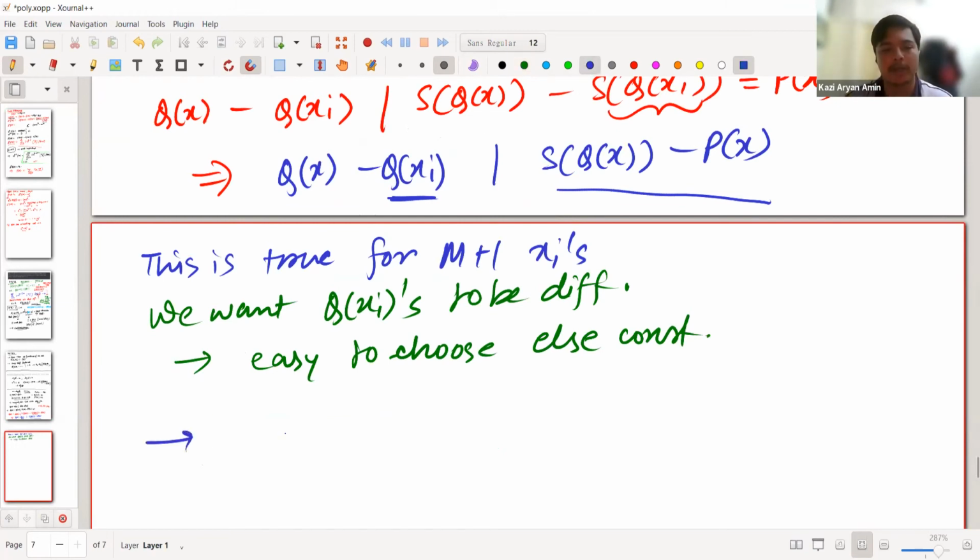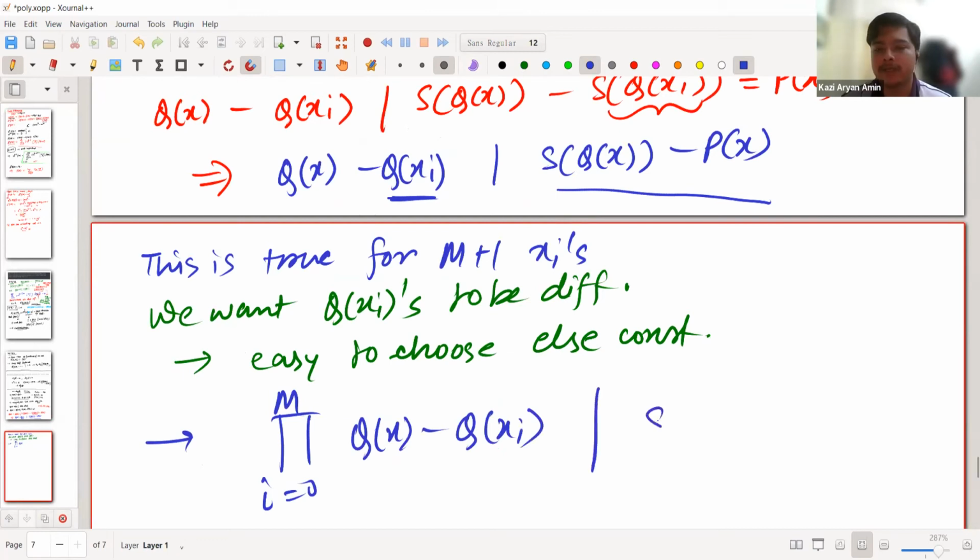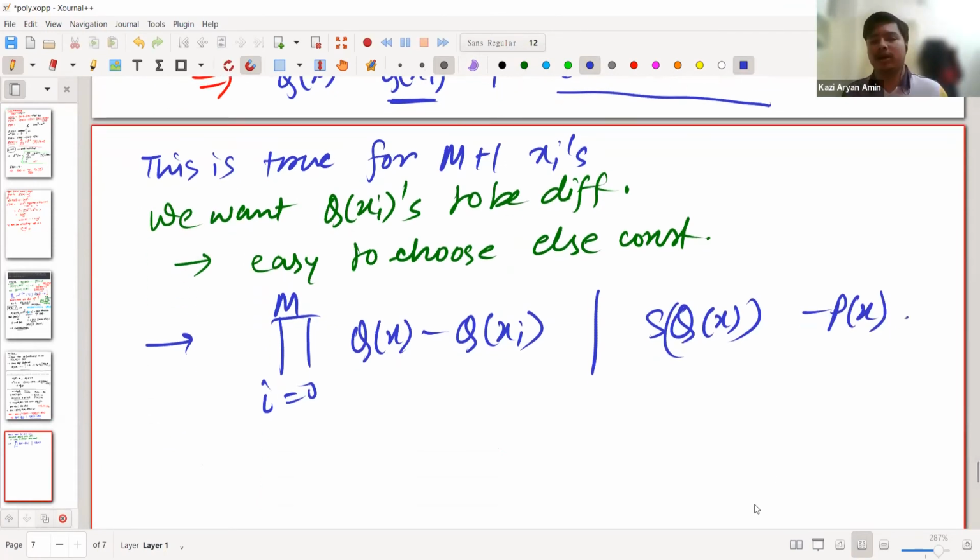So what does this tell you basically? From this, we understand that the product over i equals 0 to m of q of x minus q of xi divides s of q of x minus p of x.